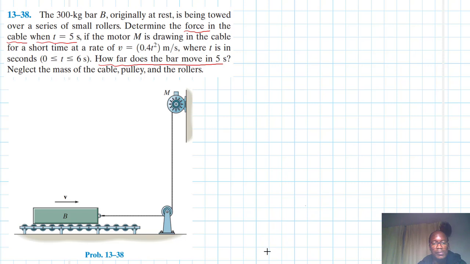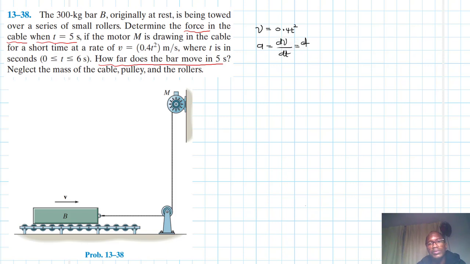All right. So let's calculate the velocity and the acceleration. We write it in terms of t. So we know v is equal to 0.4 t squared, and we know that acceleration is equal to dv/dt.